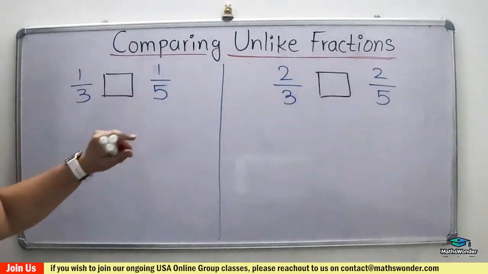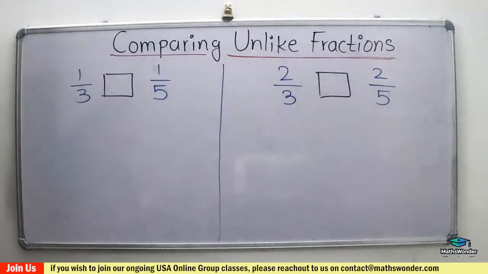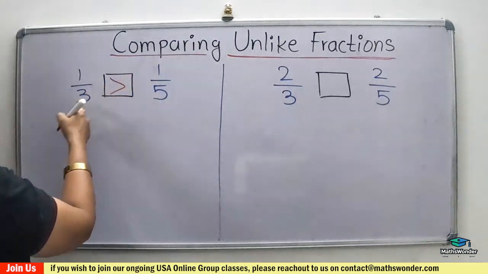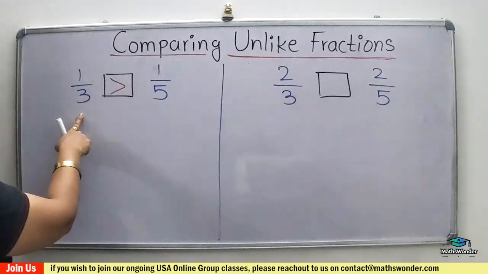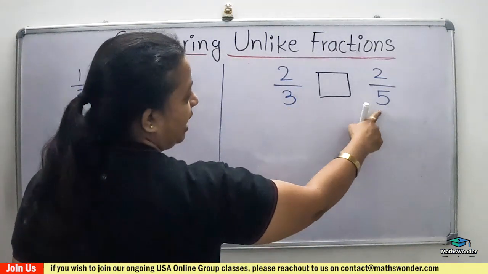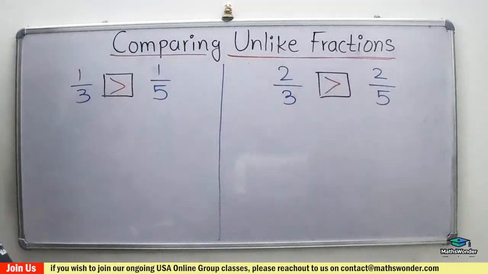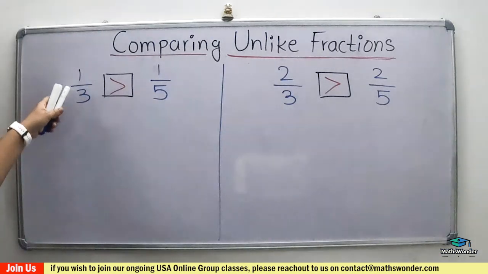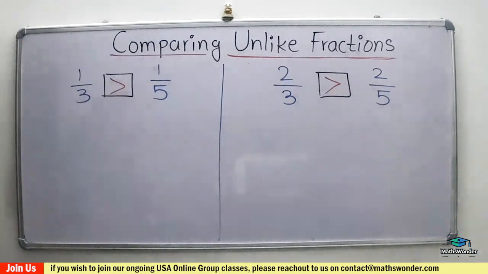So in these two questions, the numerators are the same, so among two fractions with the same numerator, the one with the smaller denominator is greater of the two. So 3 is the smaller denominator, so this will be greater. Here 3 and 5, 3 is the smaller, so 1/3 is greater than 1/5.